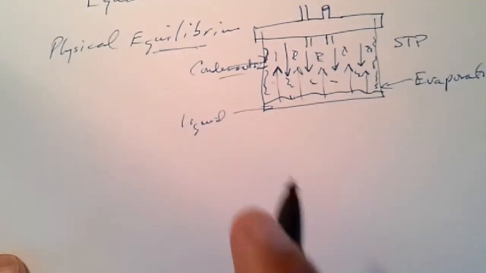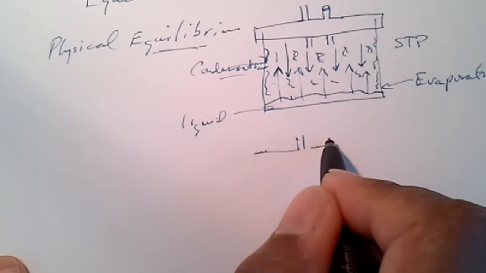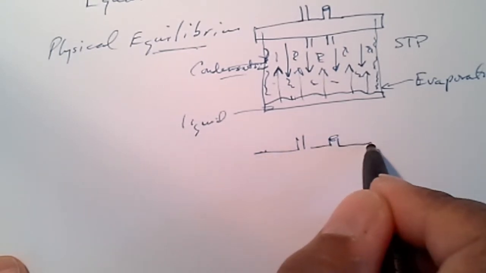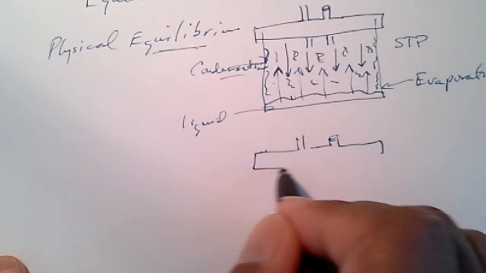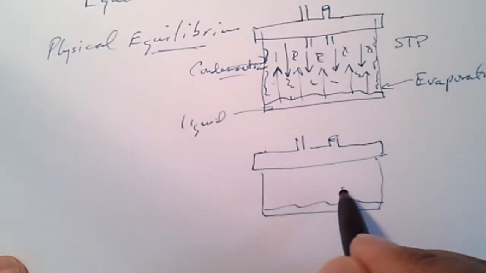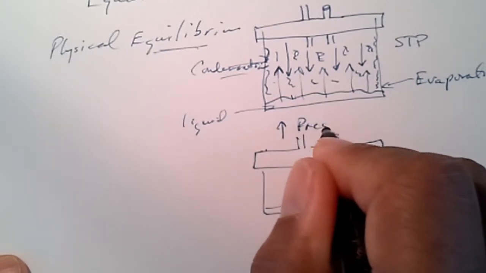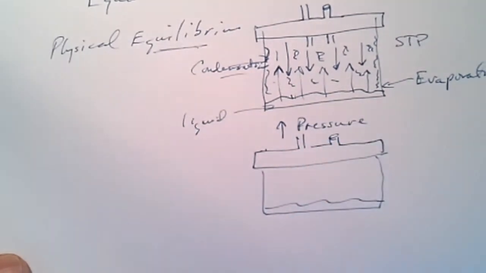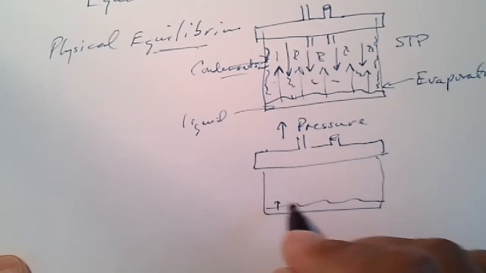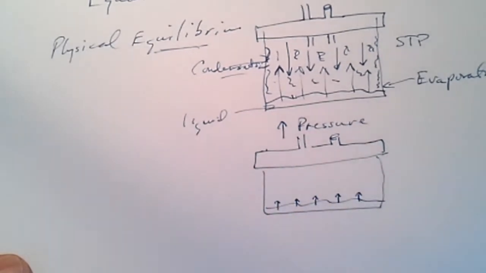Now, if we add pressure to this vessel, we increase the pressure of the atmosphere inside this vessel. Same amount of liquid, same space, but we raise the pressure. If we raise the pressure, then we reduce the ability of this water vapor to form.